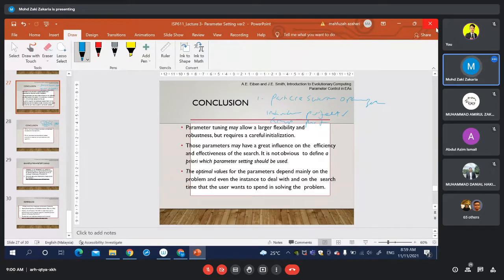So you pilih yang simple system tak apa, sebab saya tahu kalau you nak buat yang kompleks, susah nak siap. So pilih yang simple macam knapsack problem, or TSP, or timetabling. Up to you. You decide.